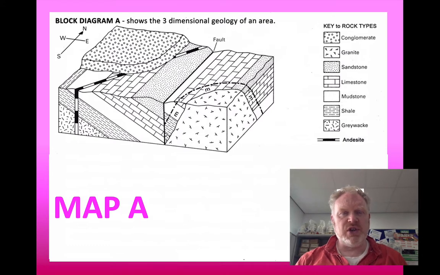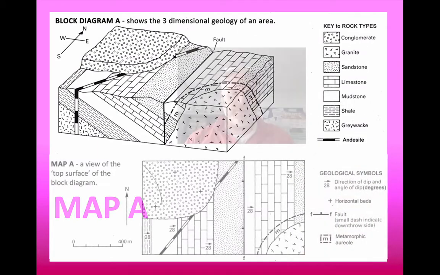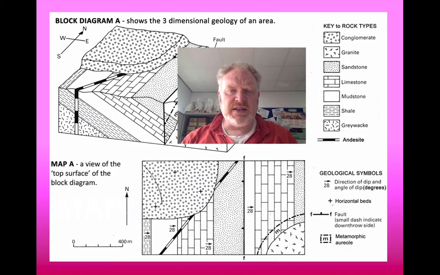It shows us the three-dimensional geology of an area. So we can see the side view underground and also the top view. And it's that top view that's the geological map. So if we were looking at this particular block from directly above, what we see is this. This is the geological map.